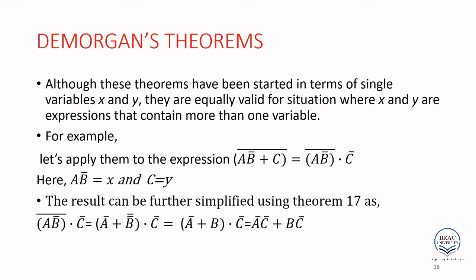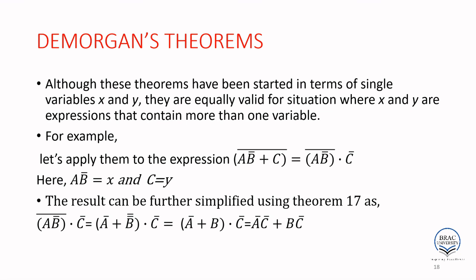So this is an example of how De Morgan's theorem is used for simplifying an expression. You have (a b prime plus c) whole prime, which can be written, this plus can be written as dot, so (a b prime) whole prime dot c prime. So here a b prime equals x and c equals y. The result can be found using theorem 17.